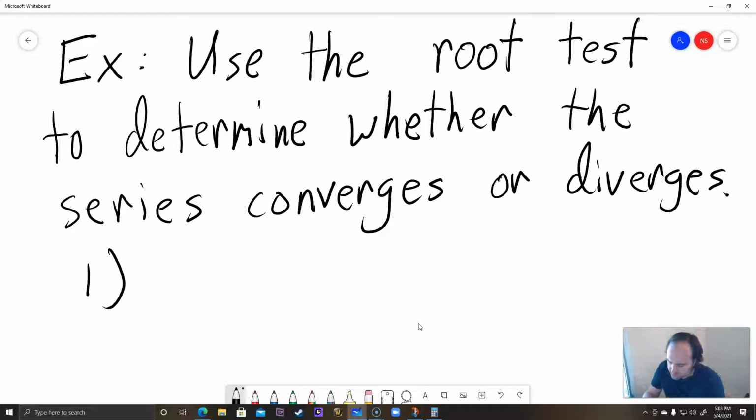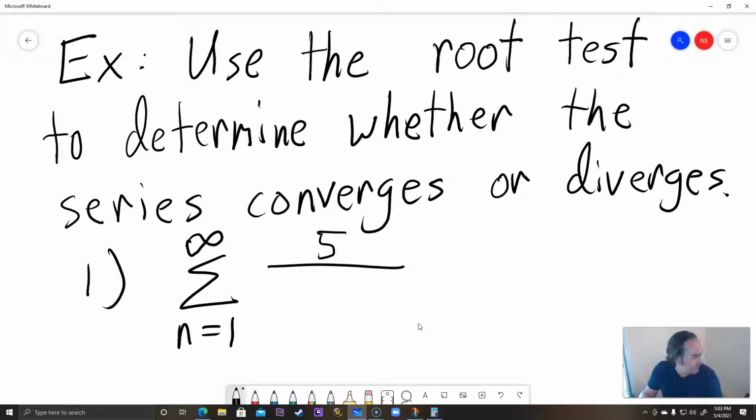So this one we have the sum from n equals 1 to infinity of 5 over the quantity 3n plus 4, quantity to the nth power. And we want to use this new root test to determine whether the series converges or diverges.